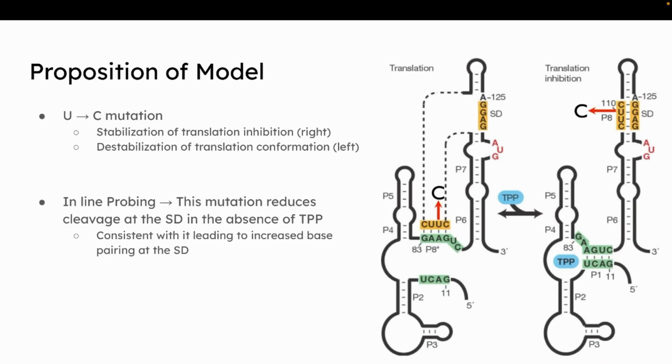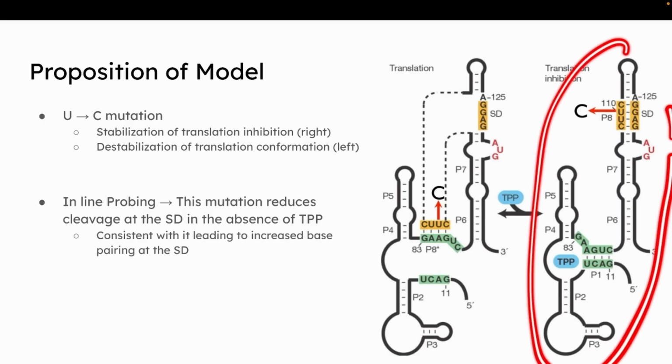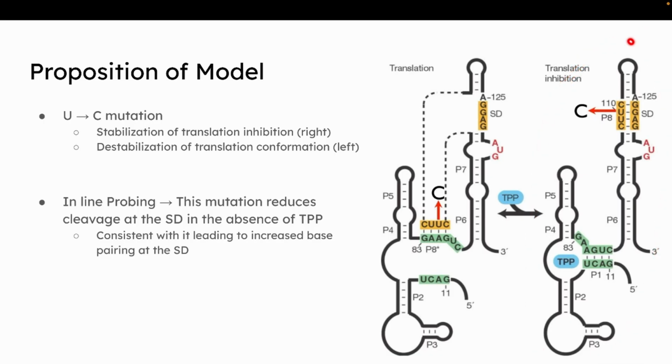And so this is where we actually get our model, because we're just going to investigate this mutation a bit more in depth. We can see that once you make this mutation, we get both stabilization of this conformation, right? This is kind of what we were saying before. We have our Shine-Dalgarno sequence that's a bit more stable than before, but we also get destabilization of the other conformation, where the U would normally be bound to this A, right?